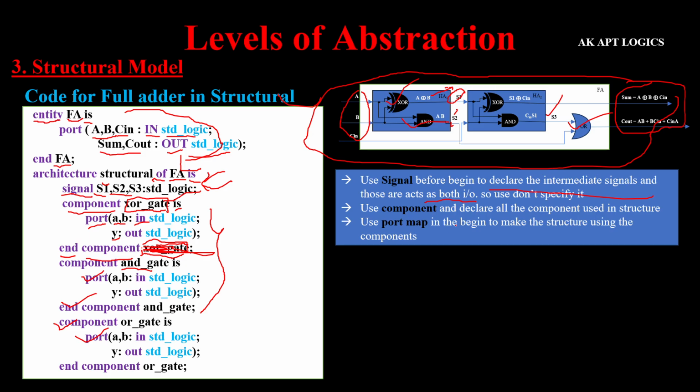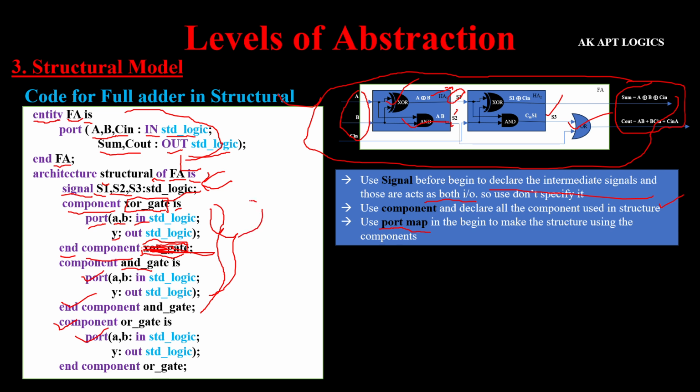Use component and declare all components used in the structure. The components that we are going to use in this structure are the XOR gate, AND gate, and OR gate. We have mentioned them in the code using the component. This is called the component instantiation. Now in the begin, we are going to use port map to make the structure using the components.